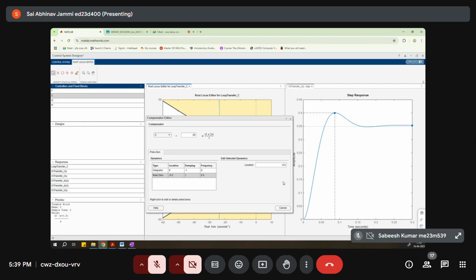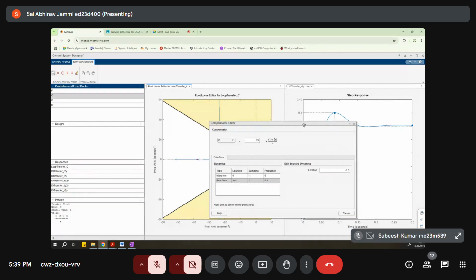Okay, now it is settling at a reasonably small time, but I have a steady state error.